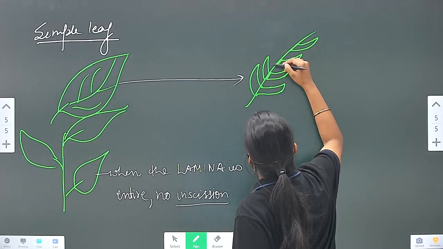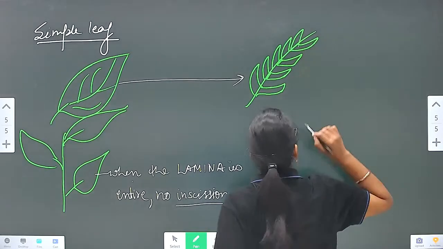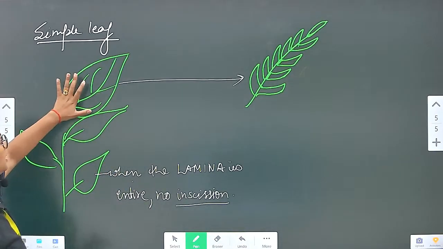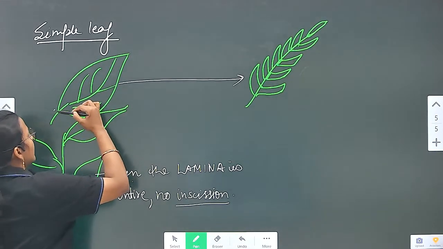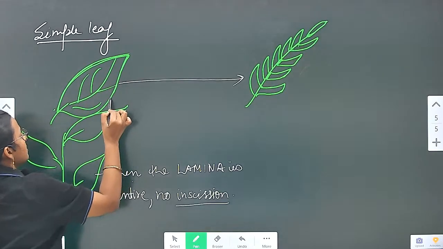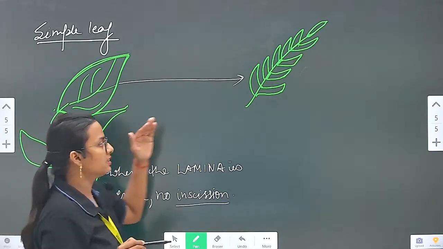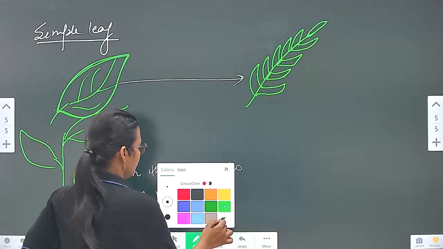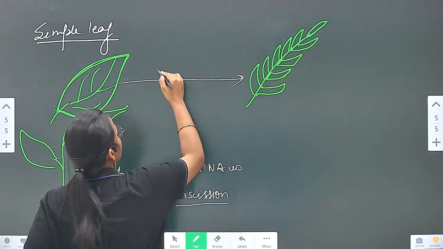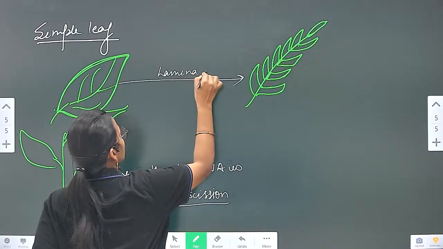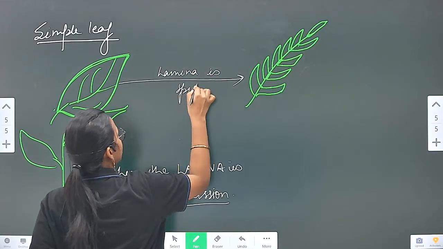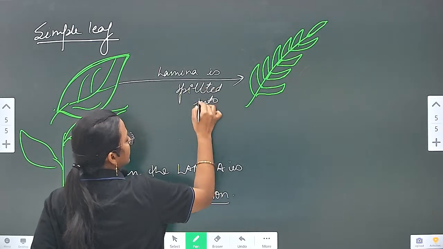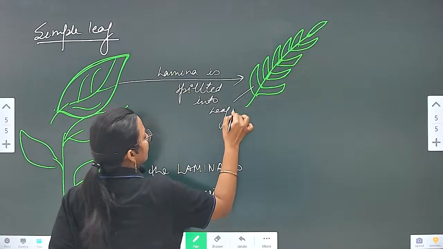Can you just compare the structure? This simple leaf had an entire lamina like this, whereas in this structure we can see that the lamina is split into leaflets.